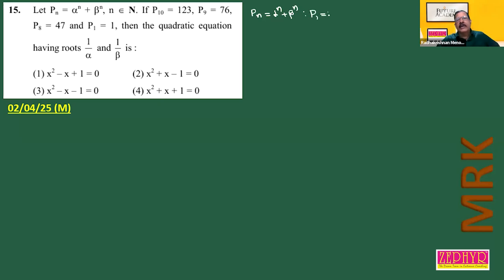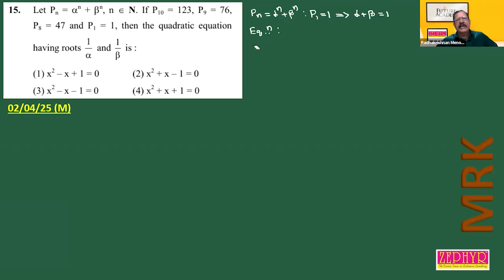Now, P1 equal to 1 given. Put n equal to 1, we are getting alpha plus beta is equal to 1. Now, what is the equation? Formula, always remember.